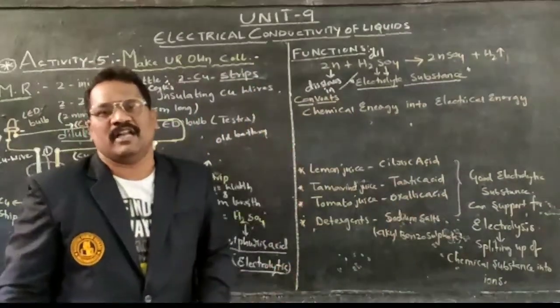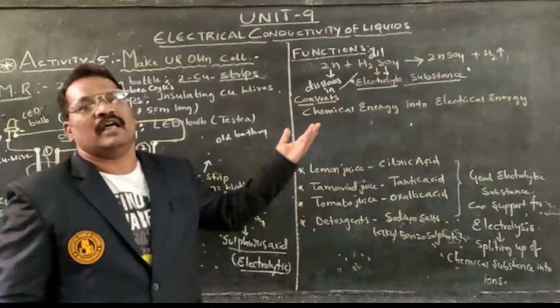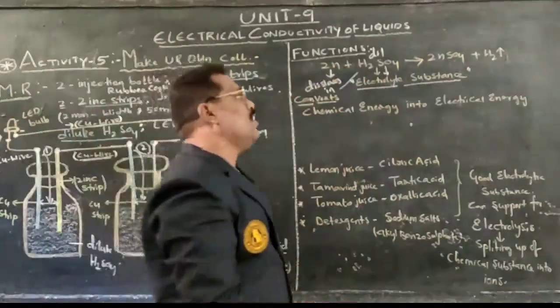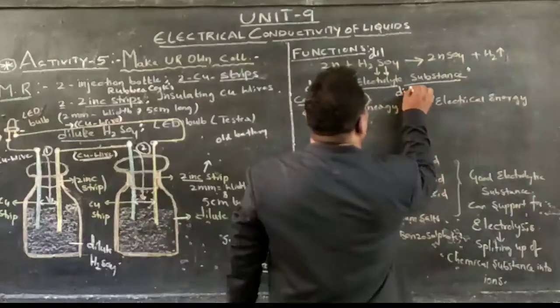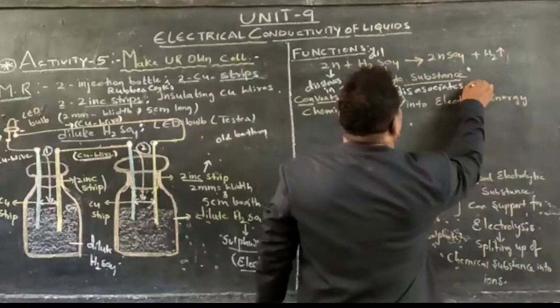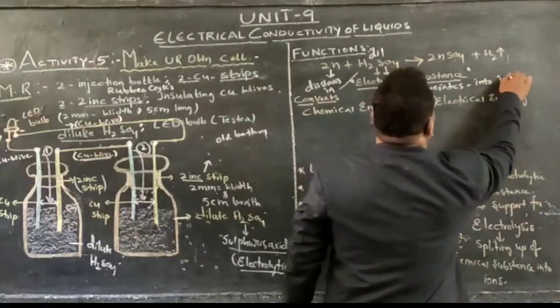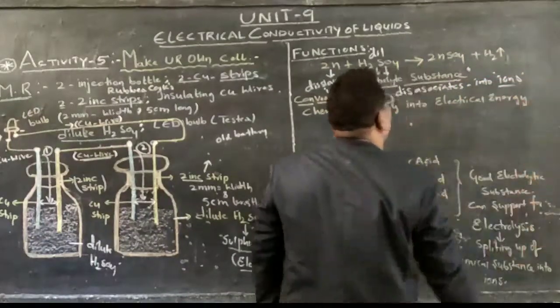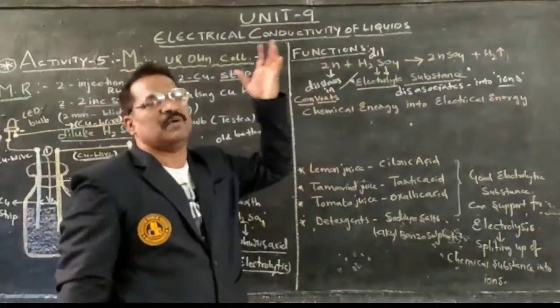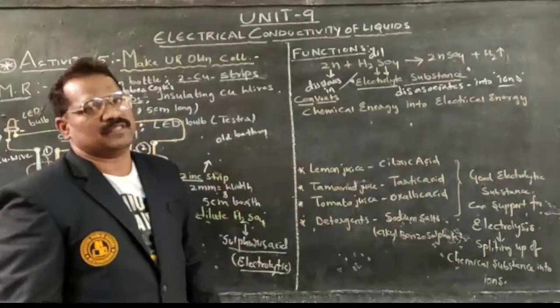What does electrolysis mean? When a chemical substance dissociates into ions, or splits up in the form of ions, as the current is passing through that substance.